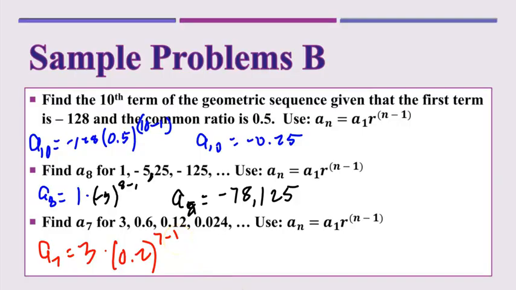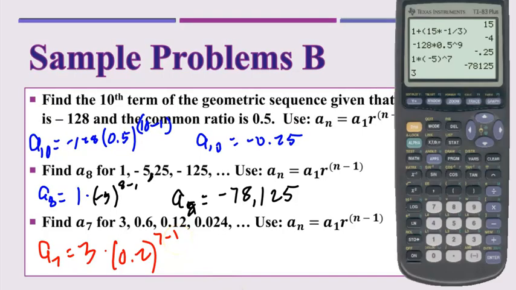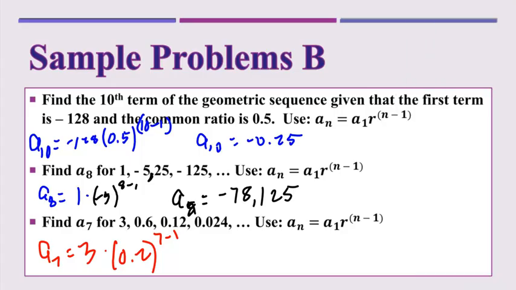So on our calculator again, we have 3 times 0.2 raised to the 6th power, and that gives us a really long decimal: 1.92 times 10 to the negative 4th. So this one would be 0.000192.